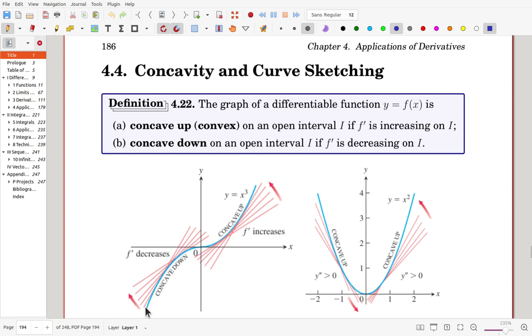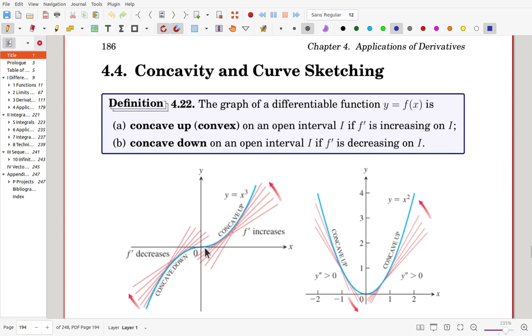The slope is large, and along the curve moving right, the slope becomes smaller, and then the slope becomes 0 here. So over that left side interval, f prime is decreasing, the slope is decreasing, so it is concave down.